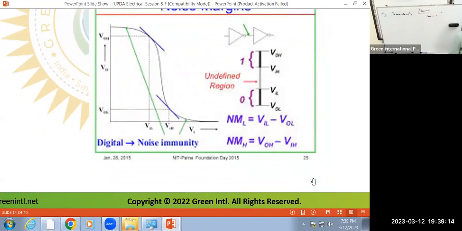NM stands for noise margin. The suffix L stands for low and H stands for high, so noise margin low and noise margin high.